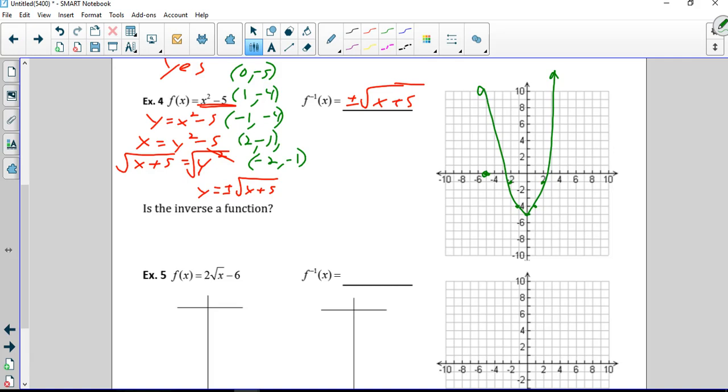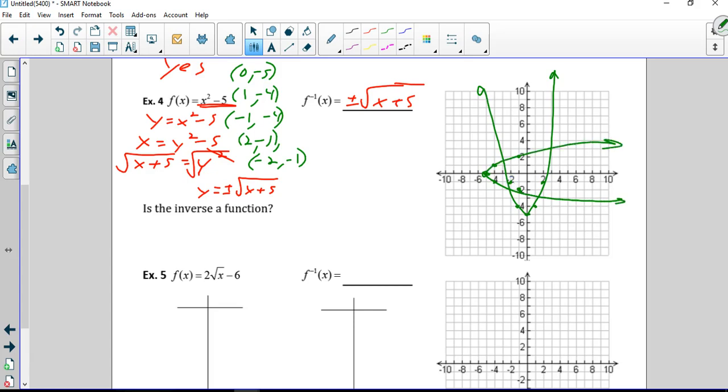I'm gonna switch them. -4, 1, and -4, -1. Oops. Go back. -4, -1, wrong spot.